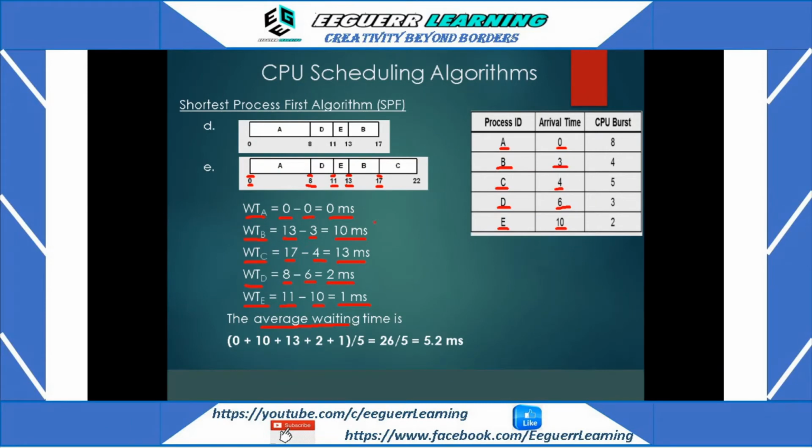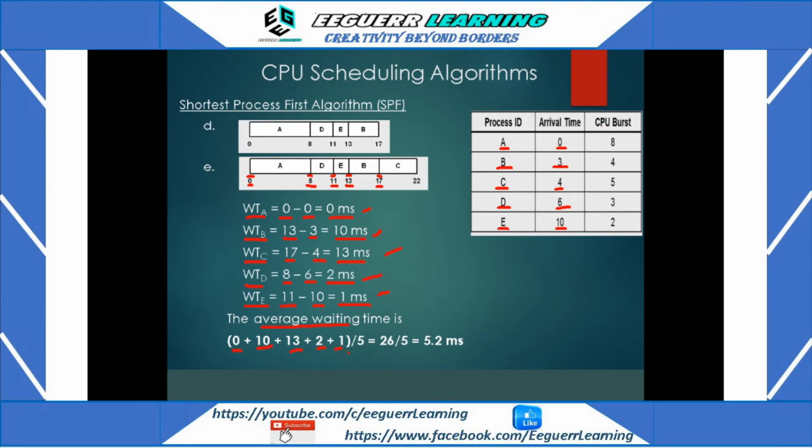Okay, so we're going to add 0 plus 10 plus 13 plus 2 and plus 1.